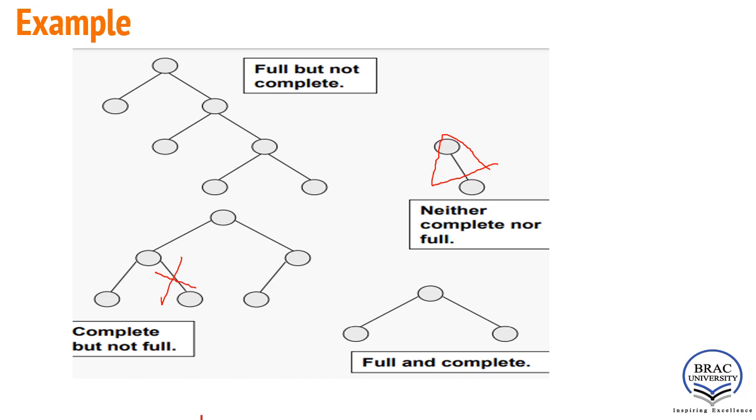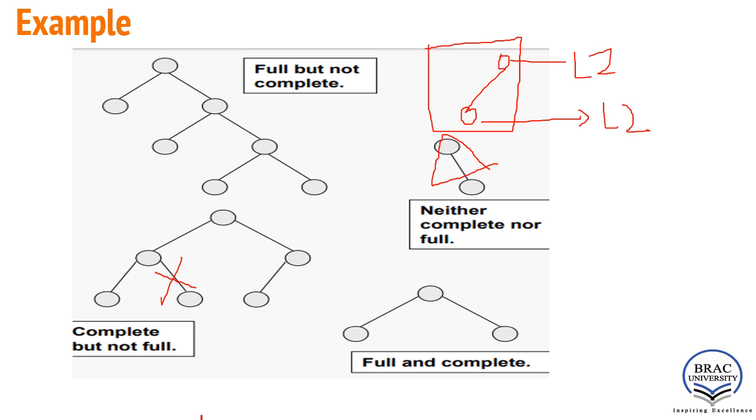But if there is a tree like this one, this tree will not be a full tree, but it will be a complete tree, because this one is level 1 and this one is level 2.